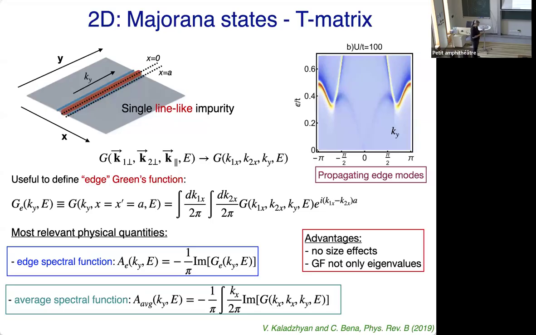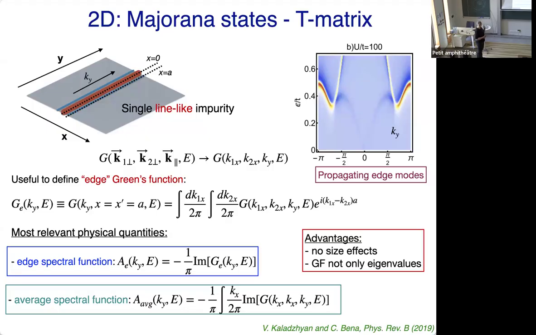Now we use our procedure again, no longer numerically, but analytically. And I want to stress again, it's very easy to use. You write your Green's function, which is the inverse of your Hamiltonian, and then you apply the T matrix, and in one formula you recover this Green's function, which depends on 2 kx and 1 ky.